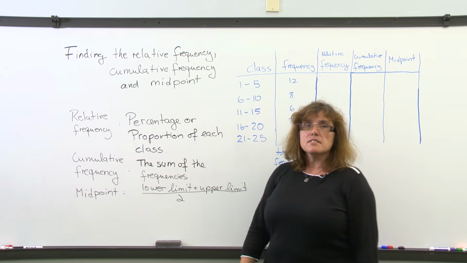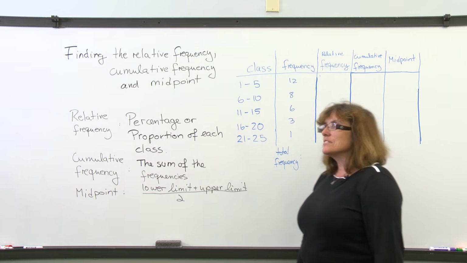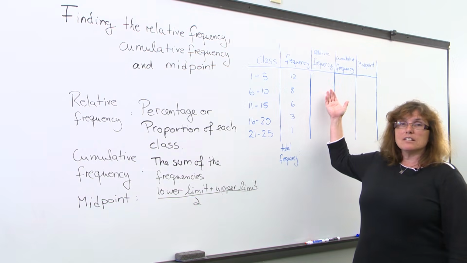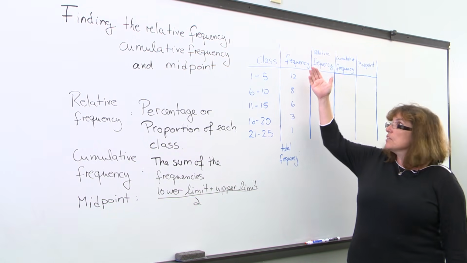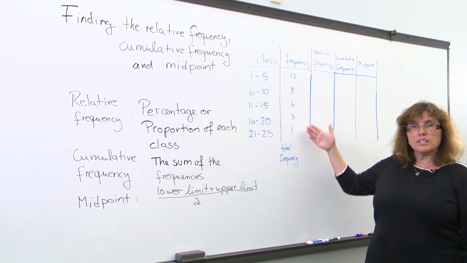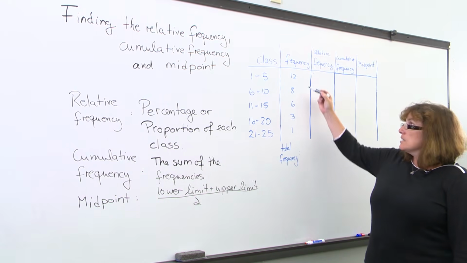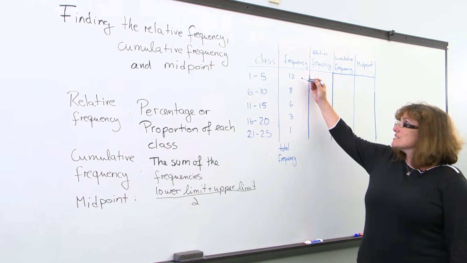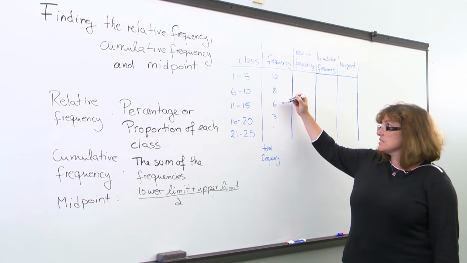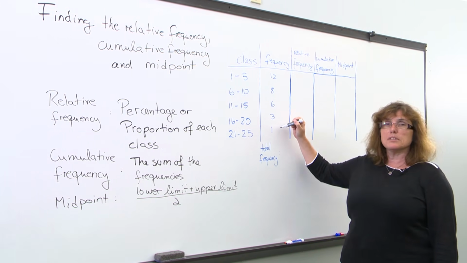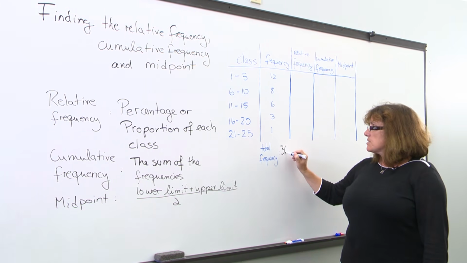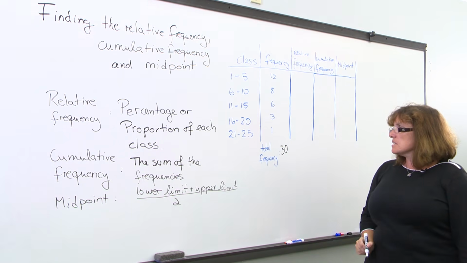So now let's get started with the relative frequency. To find the relative frequency, we first of all have to find our total frequency combined. And the total frequency here is 12 plus 8 is 20, 26, 29 plus 1, 30. So our total frequency is 30.